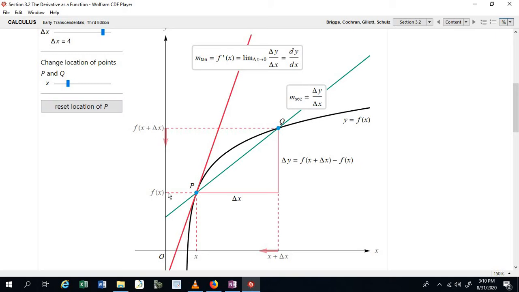It's the change in the y value here, and we're going to denote that by delta y, the change in y. So that's your rise. And then your run, of course, is just delta x. So one way of writing the slope of the secant line is to just say it's delta y divided by delta x. Essentially, it's rise over run, right? This is your delta y, and this is your delta x.